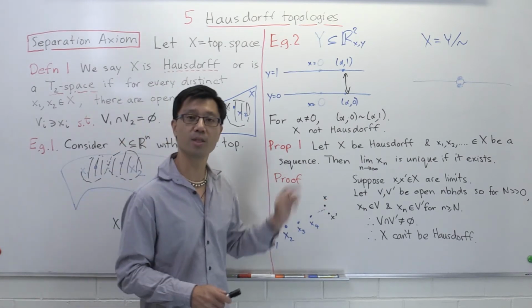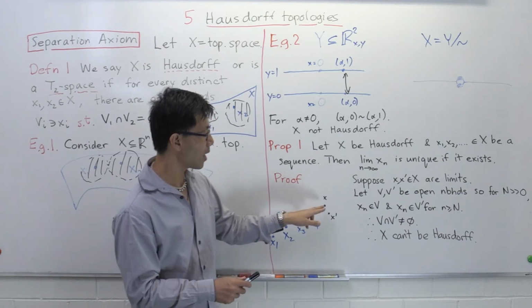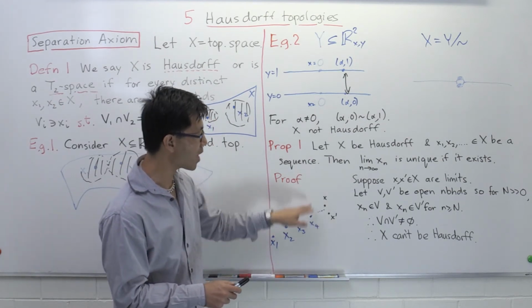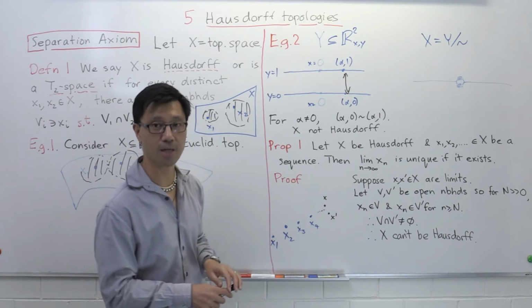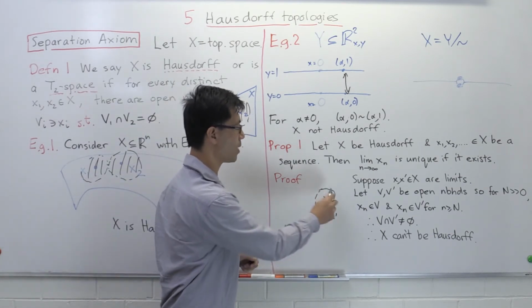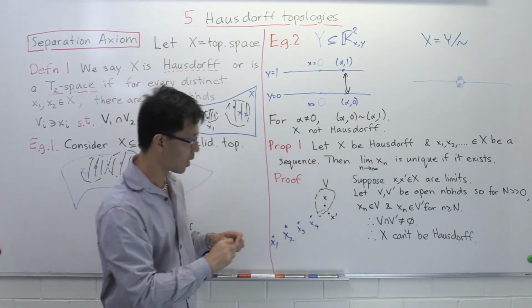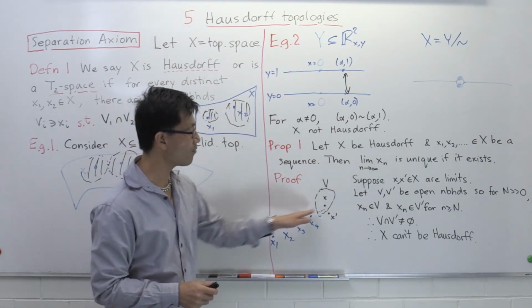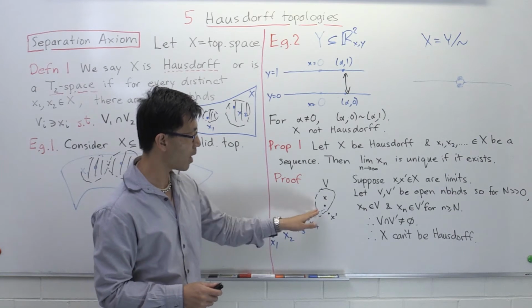Then firstly, what does it mean to be a limit? It means that if you have any open neighborhood of x, for example, so there's an open neighborhood, maybe that's V, it has to include infinitely many of these elements in the sequence.